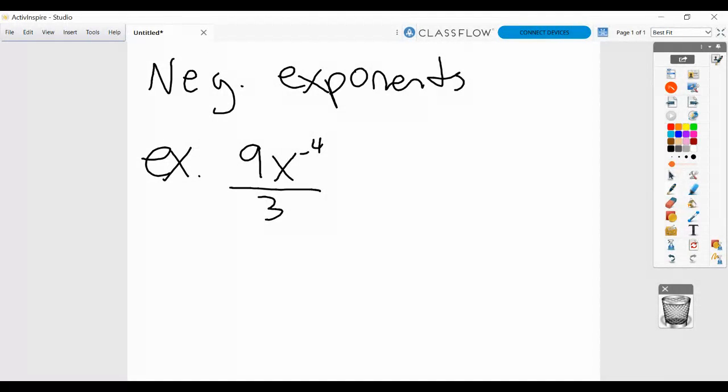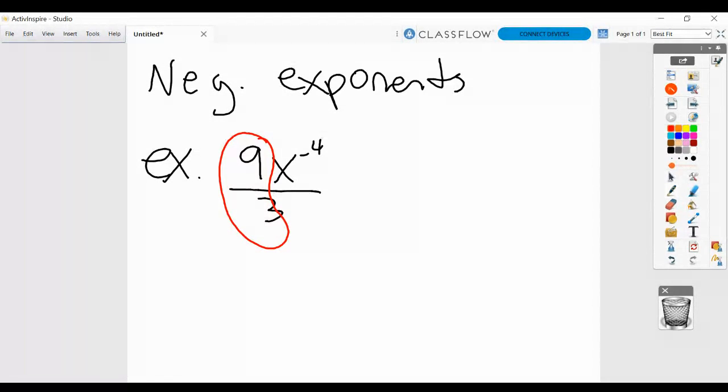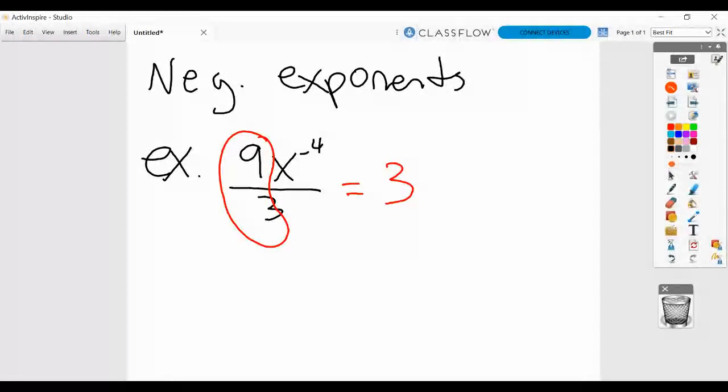Well, here's what you want to do. You want to separate this into two parts. So one part you're going to look at is the 9 over 3. Okay. When you look at 9 over 3, you should automatically think, okay, that's like saying 9 divided by 3. Well, 9 divided by 3 is just 3. And then the other thing that you need to look at is this negative exponent.